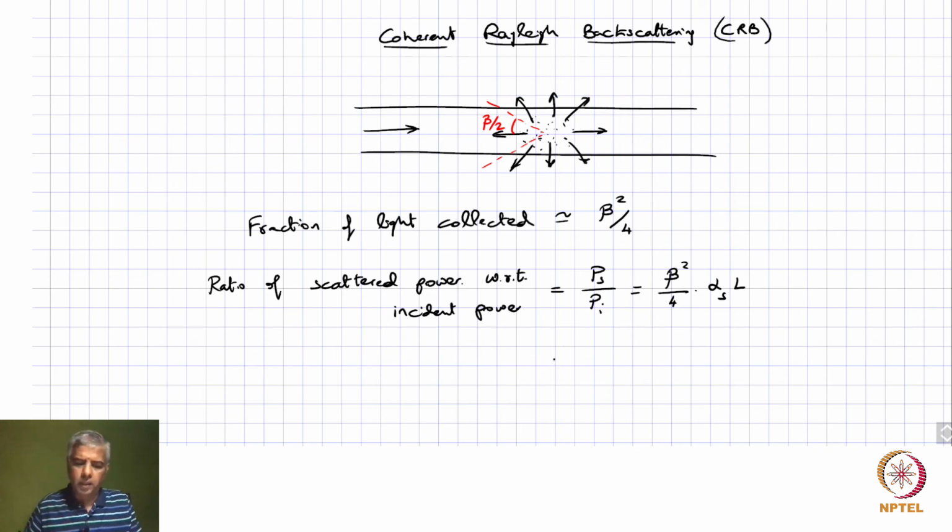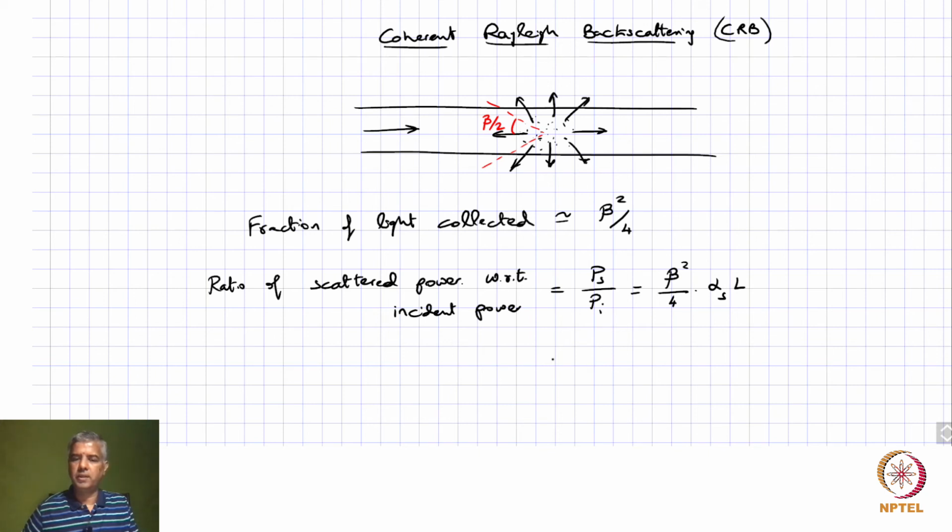Now, because of this scattered power, it's essentially like a noise component that you have. So, this component can be looked upon as a noise power or noise variance.